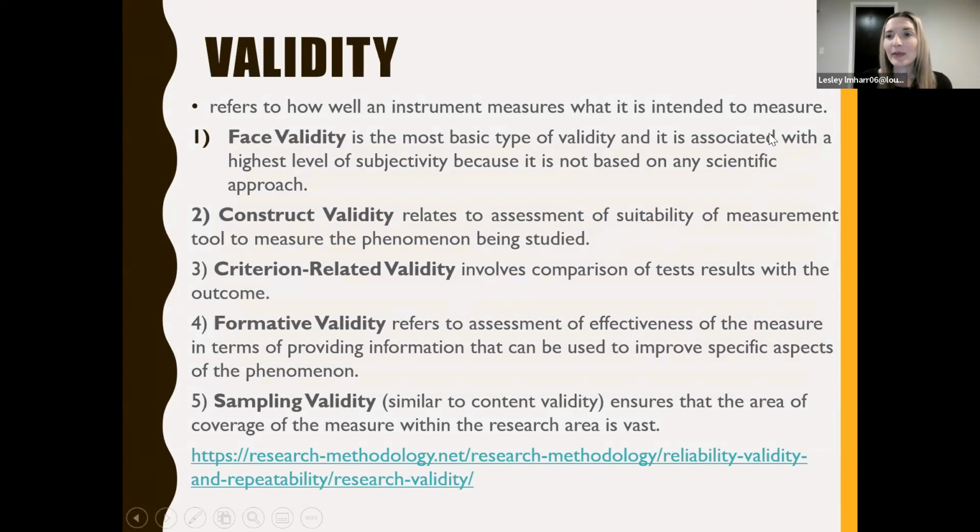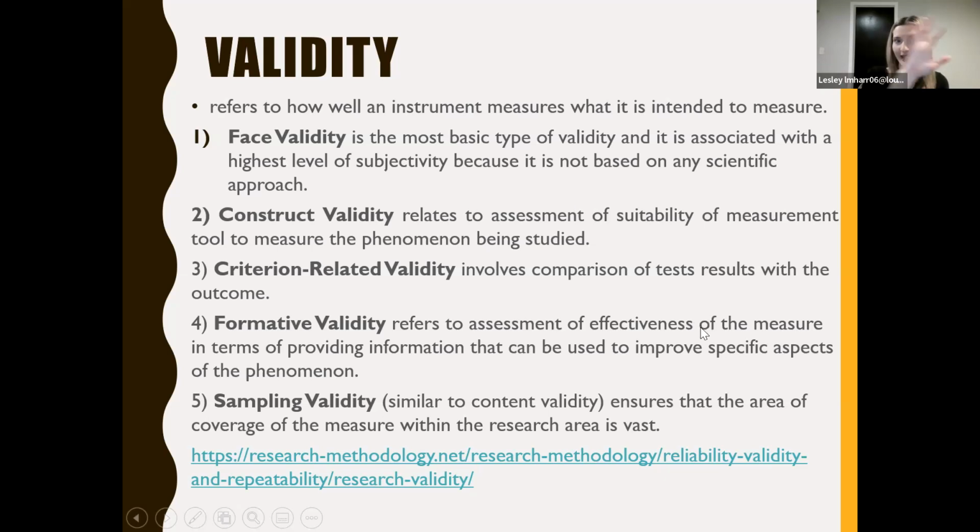Okay. Next, we are getting into validity. So validity refers to how well an instrument measures what it is intended to measure. So for example, I study a lot of how stress and stigma impact engagement in healthcare among persons living with HIV. So stress and stigma are 2 different constructs.